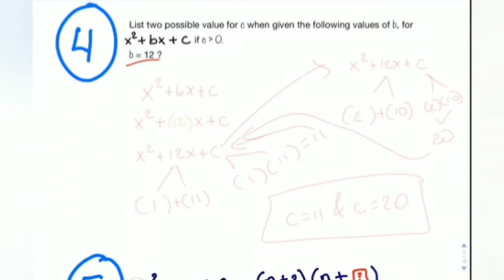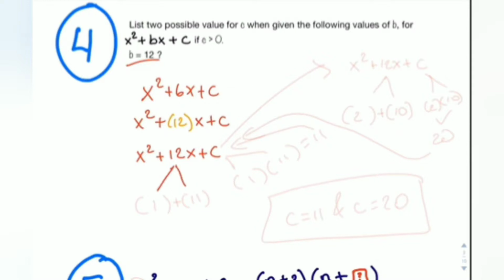Another value of b. So let's plug it in. Let's write the equation. Plus b, in this case, is 12. So we just put it in parentheses. Plus c. And I like to write it in one color. Plus c. Perfect.